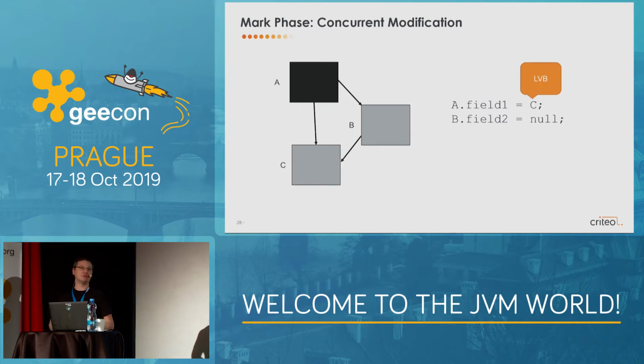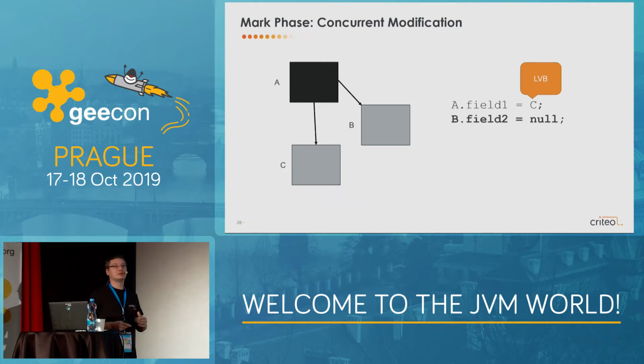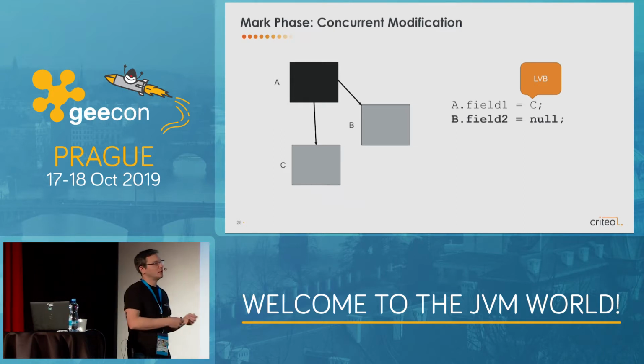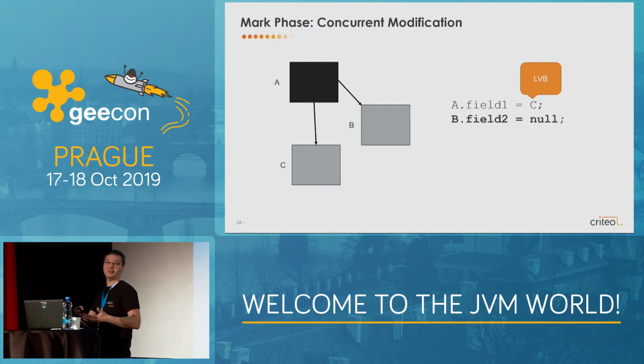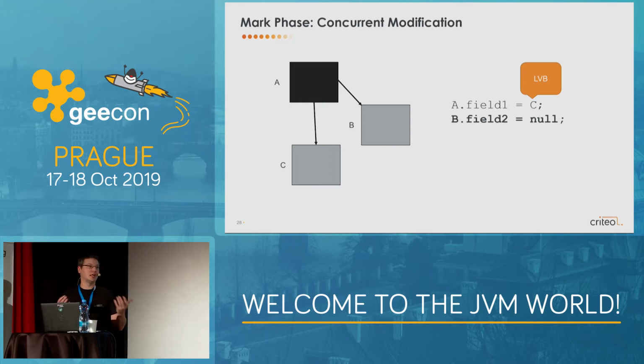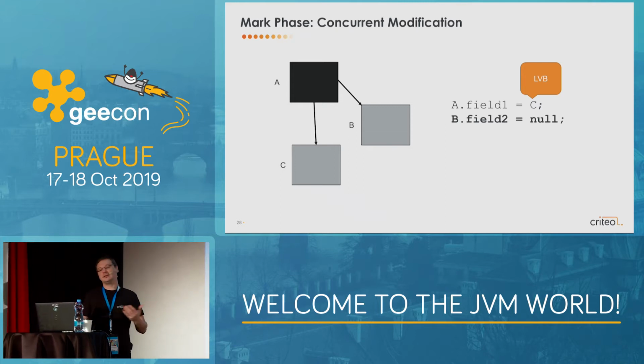In the LVB, we check this reference. Is it marked or not? No, so we mark this reference and we go on. So as we are marking, the application is trying to access an object that should be live. It marks this object, and we fix the modification of the object graph like this. And at the end of the marking, all objects that need to be live are marked correctly.